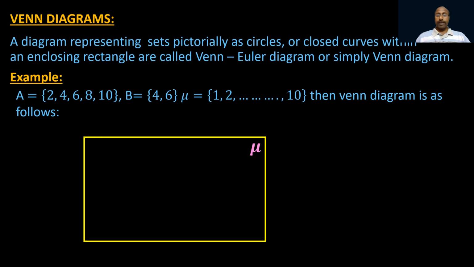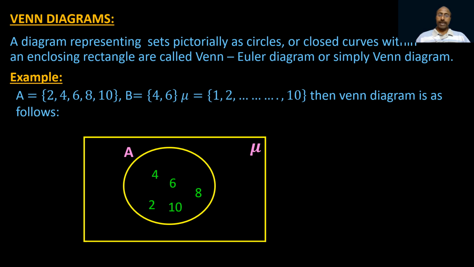So first we draw the universal set with a rectangle, and A is the set containing 2, 4, 6, 8 and 10, and the remaining elements 1, 3, 5, 7, 9 are outside here.